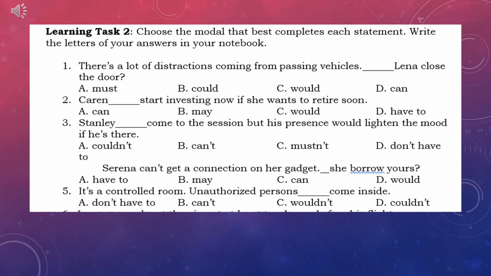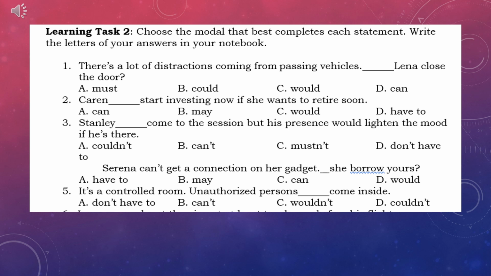The Karen can start investing now if she wants to retire soon sounds correct. But actually, of course, you must know the meaning of the modal verb that we are going to use. So later on, as we have a review about the modal verbs, then you will finally realize why it's not can but has to.